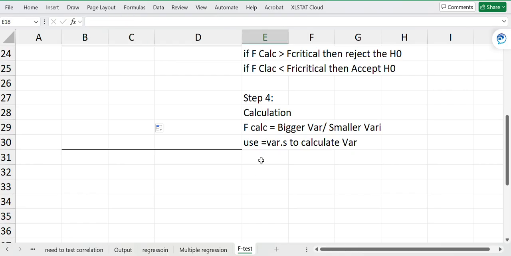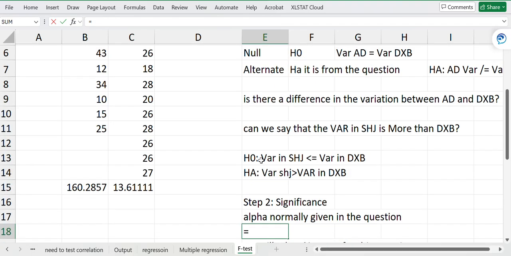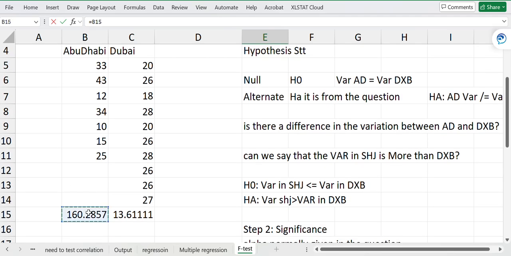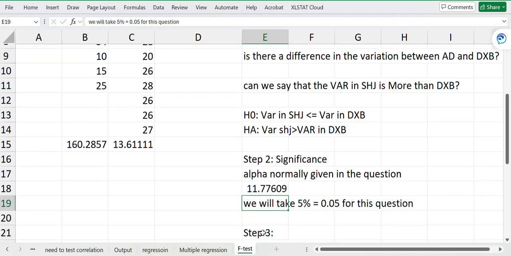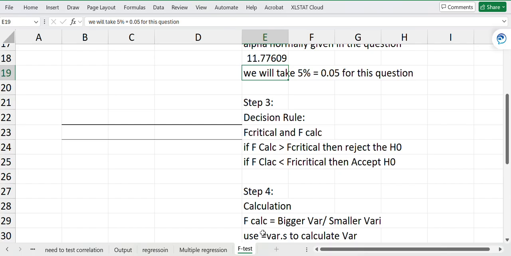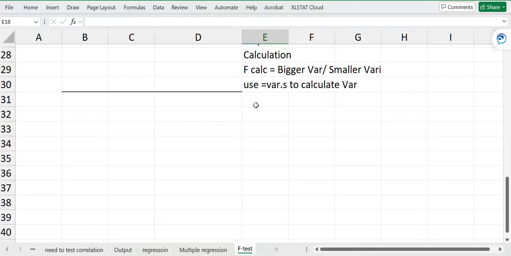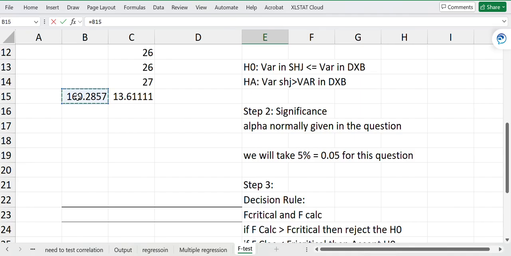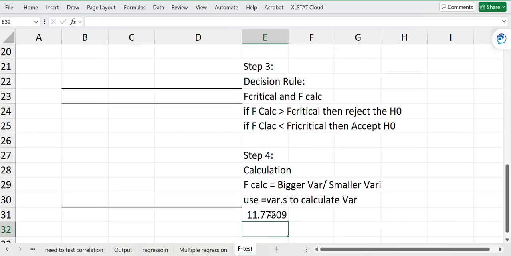So F calculated in this case is equal to, I will just select it from the data set, so it is easy. 160 divided by 13.6. So I get the calculated value as 11.77.